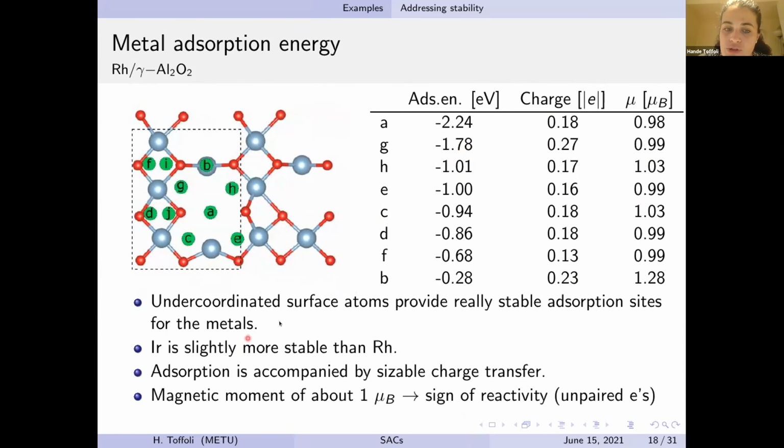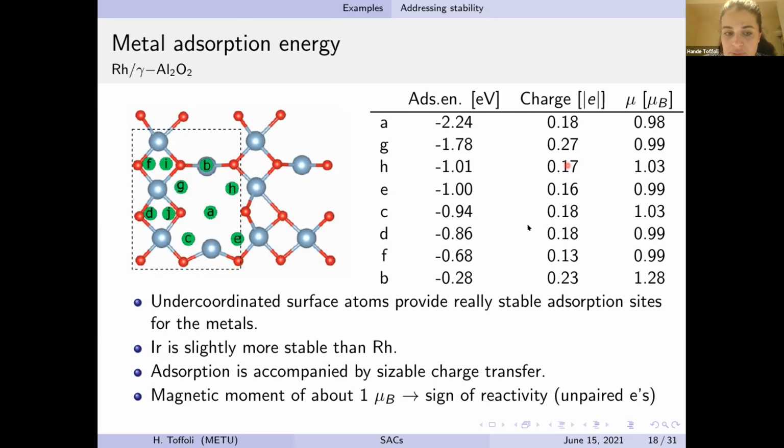From this, the conclusion we get is, of course, that the under-coordinated surface atoms here in this large crater that you see on the surface, so it's like an open hole basically on the surface, afford many strong adsorption sites. We find that although iridium and rhodium usually behave in a similar way, iridium is quite a bit more stable than rhodium.